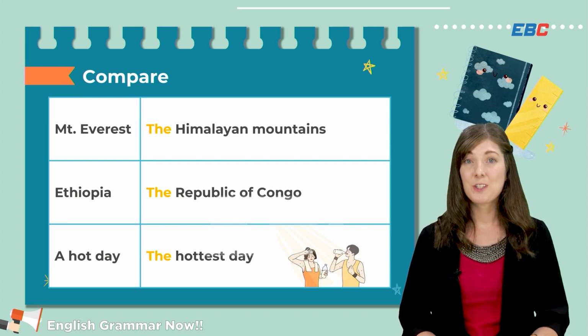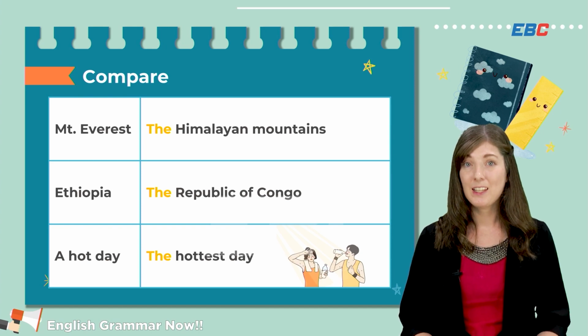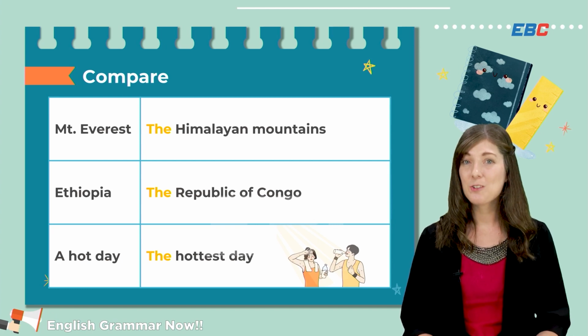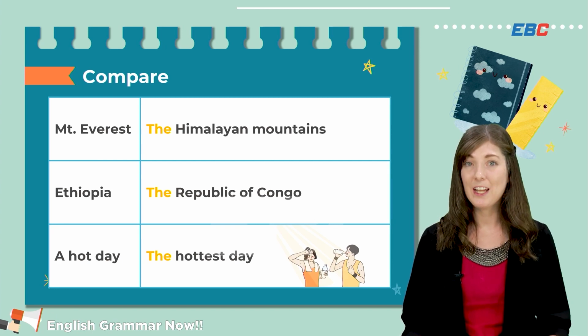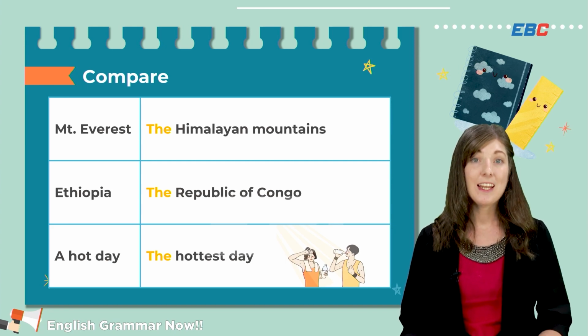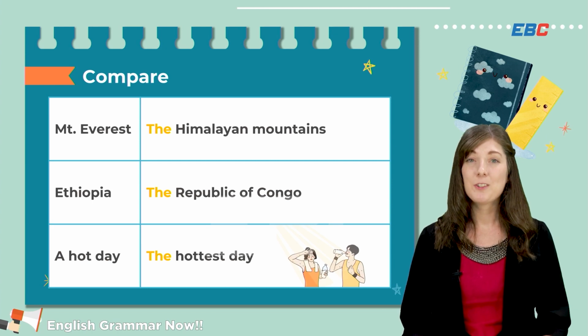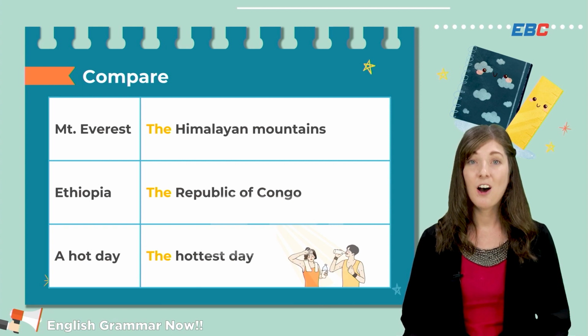But a country with a political term, like the Republic of Congo, needs the article. And if we're just describing something with a normal adjective, like a hot day, we can use the indefinite article a. But if we're using a comparative or superlative, we have to use the hottest day.